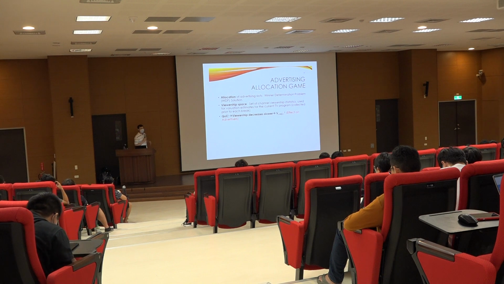As the QoE, or quality of experience, goes up, the viewership decreases more slowly. It means people will watch the TV program longer. So more people will watch your advertisements by having a higher QoE for the TV program itself. The effect is increased profit.